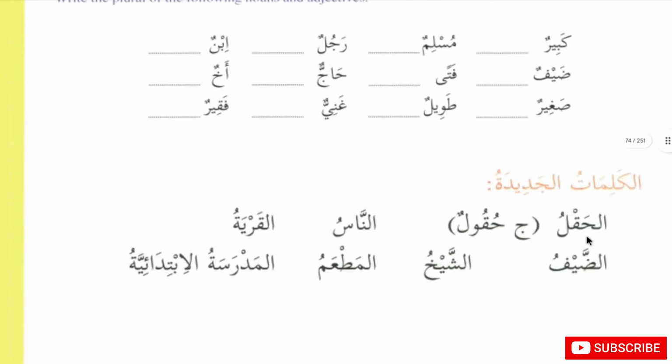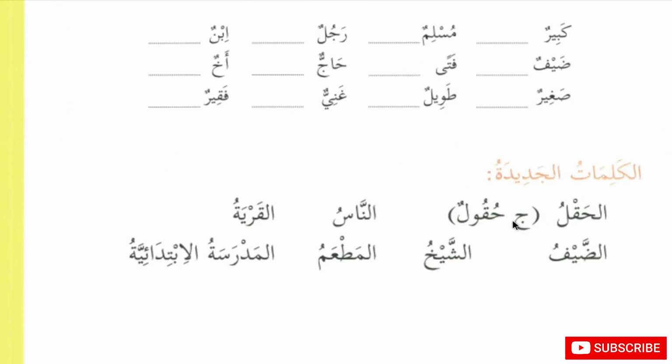Here are the new words. Hakal is field. So this jim, if you see this anywhere in a dictionary, it'll probably mostly mean a plural. So hakal, field, plural, jam, hukul, plural of fields. An-nas, the people. Al-Qarya is like a small town, village. Al-Daif, duyuf, guests.